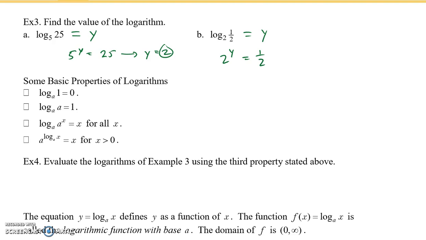Well, what is 1/2? 1/2 is 2 to the negative 1 power. So it would have to be the case that our exponent should be negative 1. The value of the exponent is the value of the logarithm. So log base 2 of 1/2 is equal to negative 1. Because negative 1 is the exponent, 2 should be raised to give us 1/2.